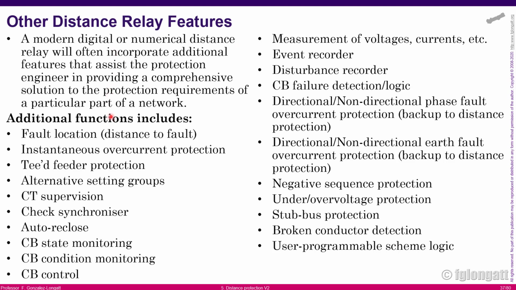In a modern numerical relay, you will find that the relay is doing many things. Starting from the fault location, that is the distance between the relay and the possible fault location, instantaneous overcurrent protection, but it's also doing many other things like CT supervision, check synchronizing, auto reclose, circuit breaker state monitoring and condition control, measurement for voltage and currents, event recorder, disturbance recorder.